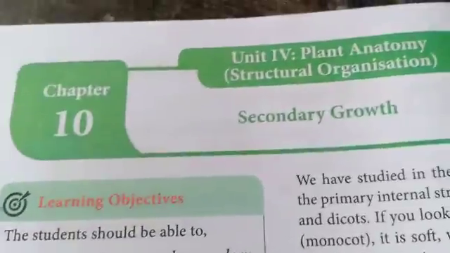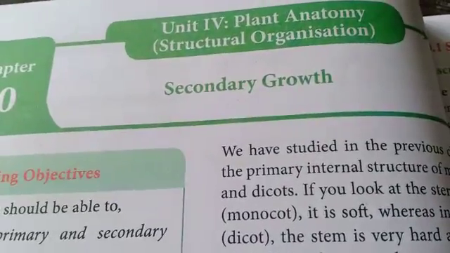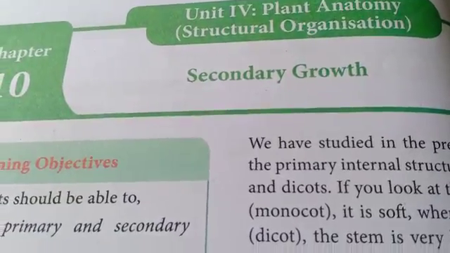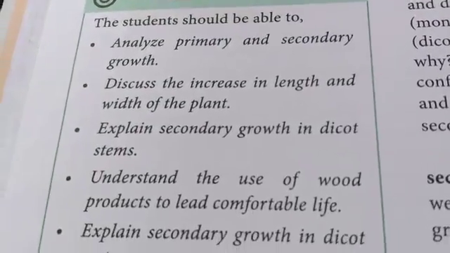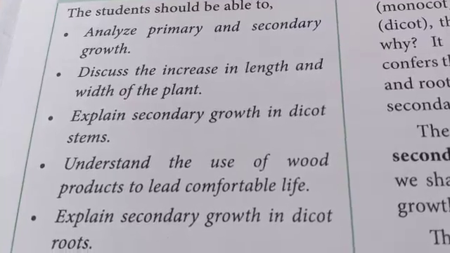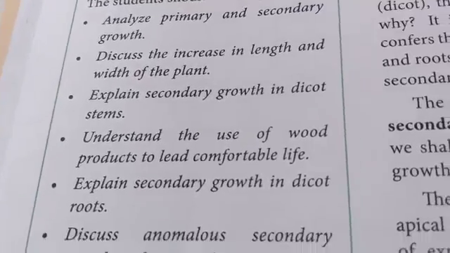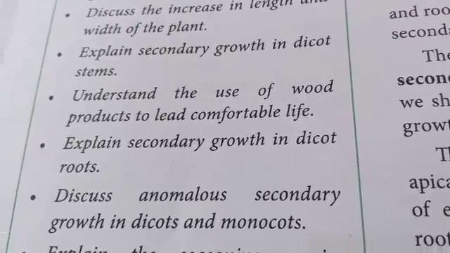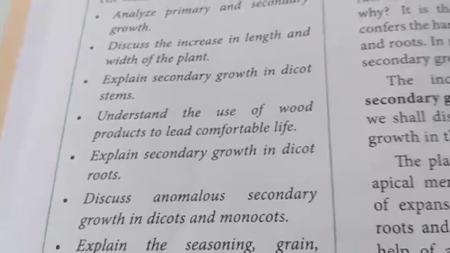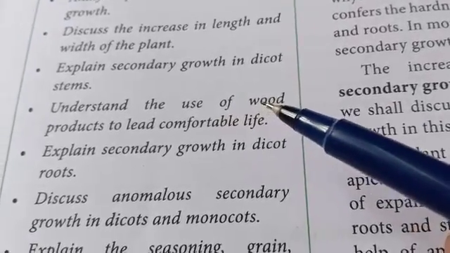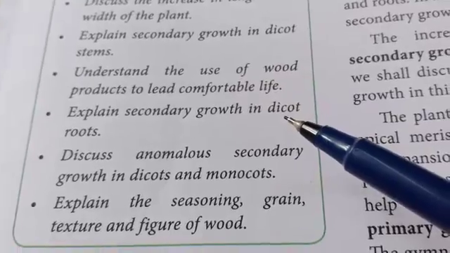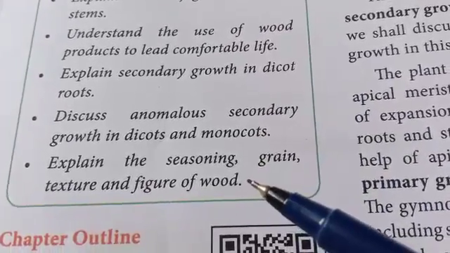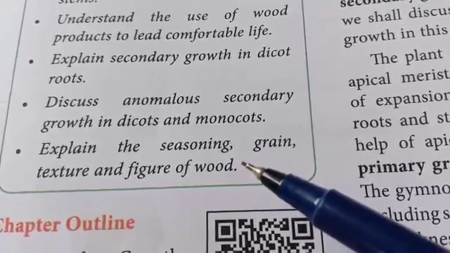This chapter 10, unit 4, plant anatomy, structural organization, topic secondary growth. The main objective is to analyze the primary and secondary growth, discuss the increase in length and width of the plant, explain the secondary growth in dicot stem, understand the use of wood, that's very important commercially, how does this wood value, and secondary growth in dicot roots, difference between dicots and monocots, and seasoning of grains, very important topic.